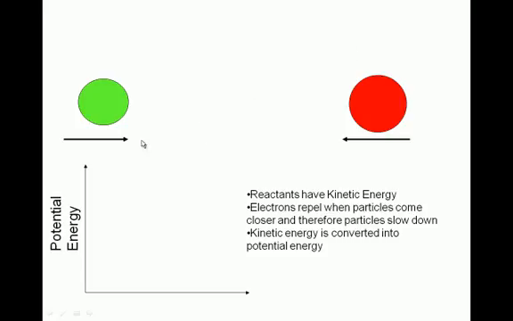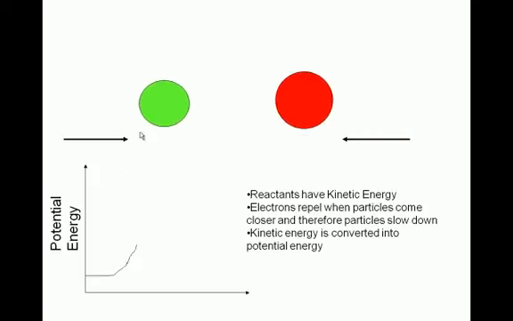So what we see here is two particles, and they're going to start to come closer to each other. As we see, when the particles come closer to each other, their potential energy starts to increase.